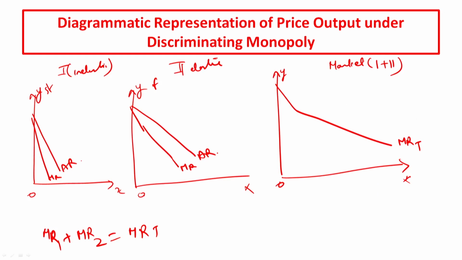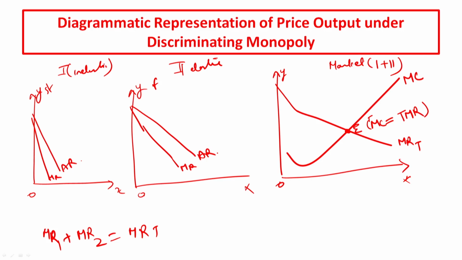The next step is to draw the marginal cost. Your marginal cost will be like this. At this point, the total marginal cost of producing the commodity is equal to the total marginal revenue, and this is the equilibrium point.